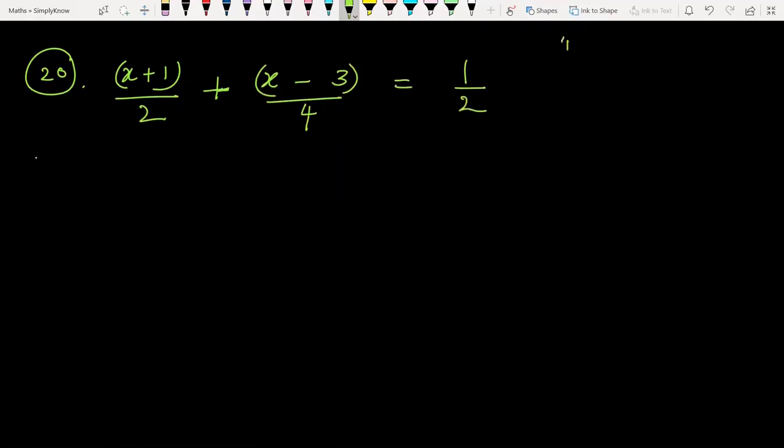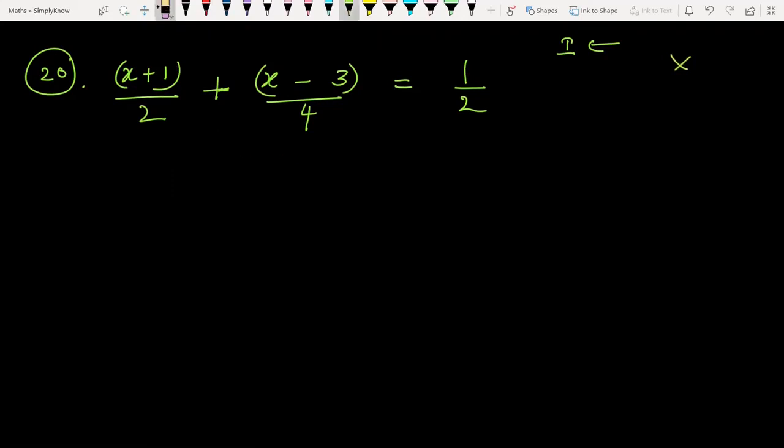One method is you just simplify these two algebraic fractions. These are called algebraic fractions. Then using cross multiplication, you can easily simplify this sum. So let's use this method and see.